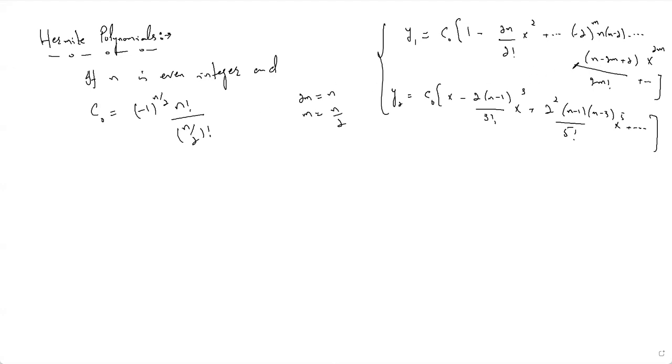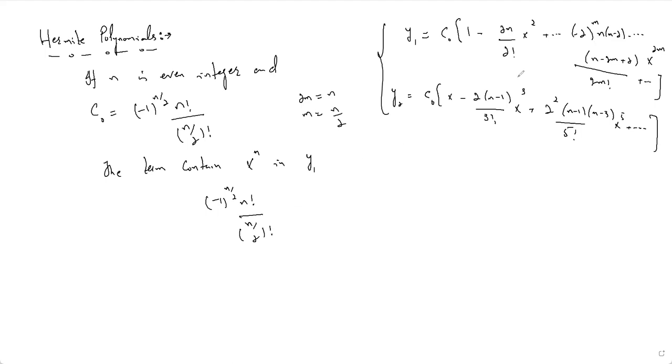The last term from this equation will be the term containing x raised to power n in y1, that is x raised to power 2m when 2m is equal to n. So the term containing x raised to power 2m will be equal to c0, which is simply minus 1 raised to power n by 2, n factorial divided by n by 2 factorial.